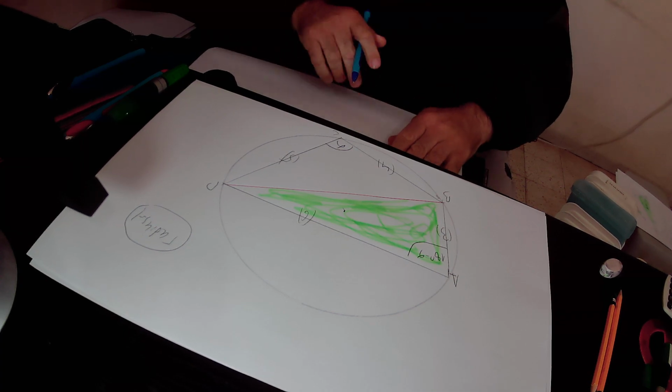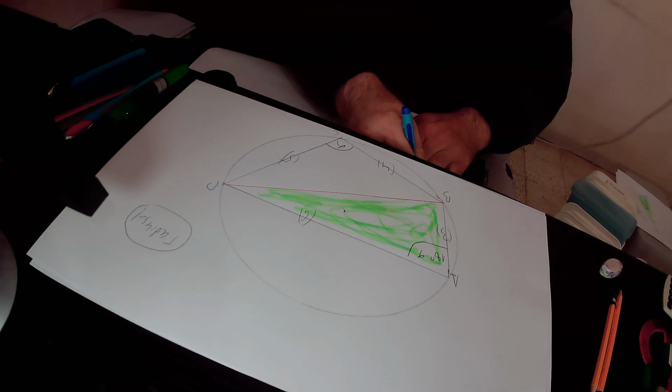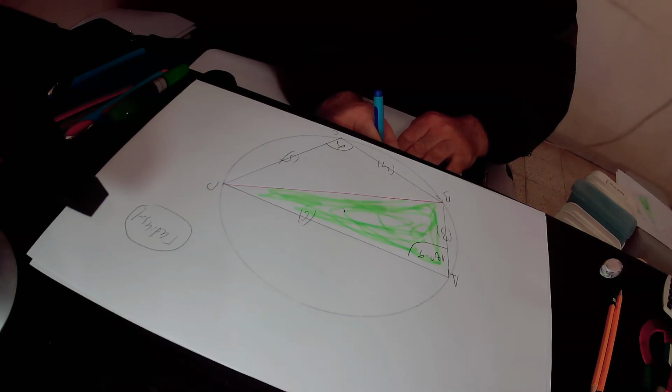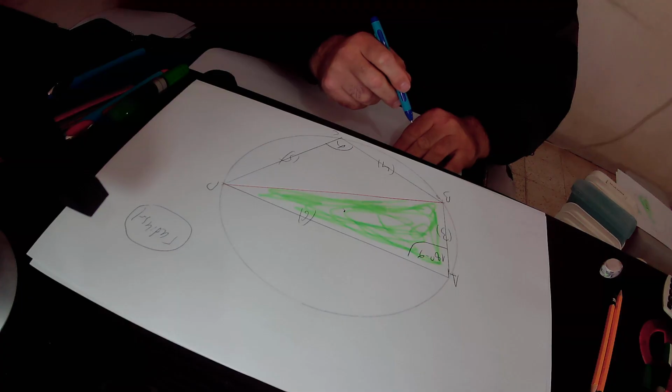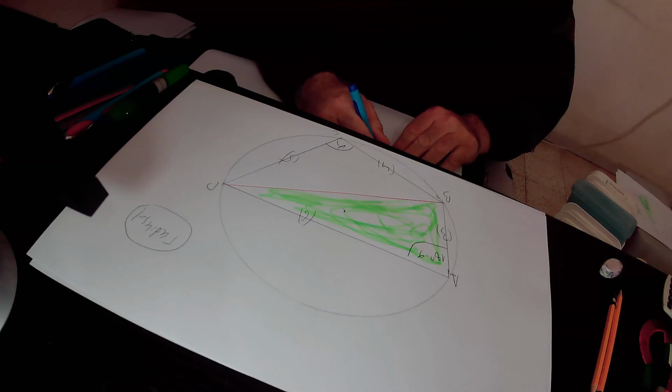So according to the law of cosines, in this given triangle ABD, the following equation is true.